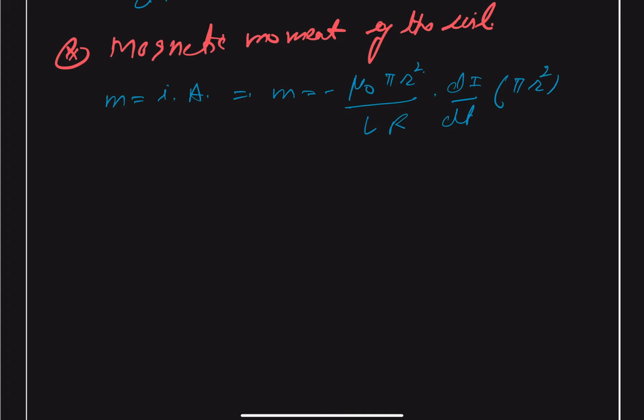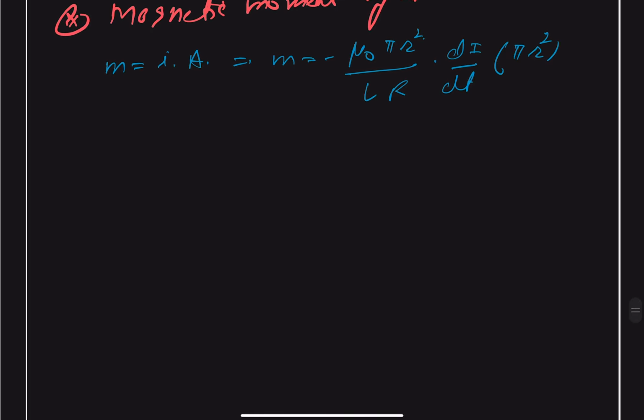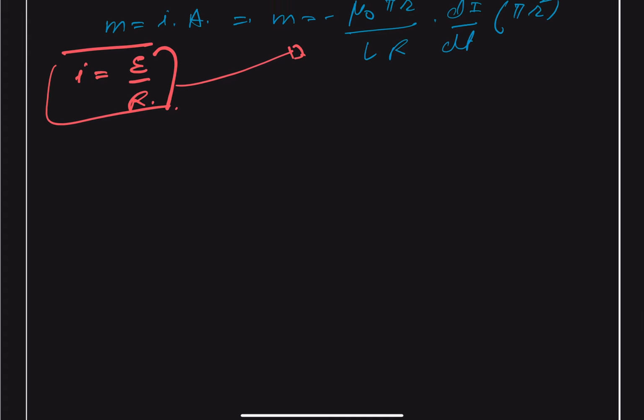In case I forgot to mention, the value of current I will be equal to induced EMF divided by R. So we substitute the induced EMF here, and we can make a minor adjustment in this equation.